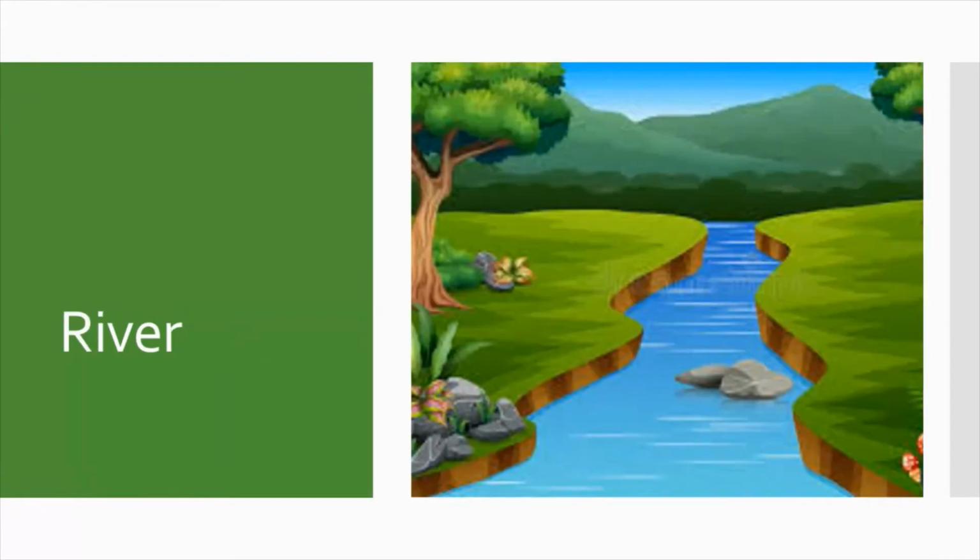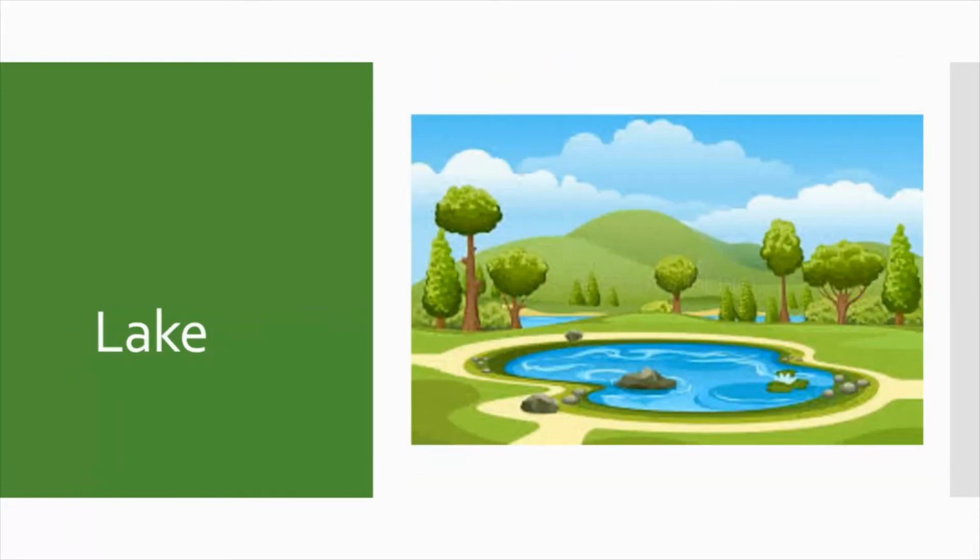And so a river is just a flowing body of water that usually dumps out into a lake or an ocean. And so our next landform is actually a lake, which is a stagnant body of water that can be either really large or rather small, but it sometimes has rivers running into it, sometimes not.